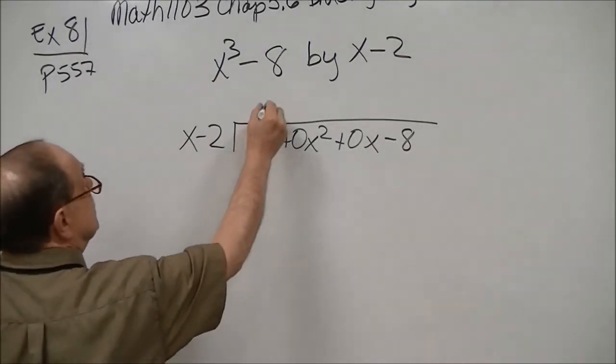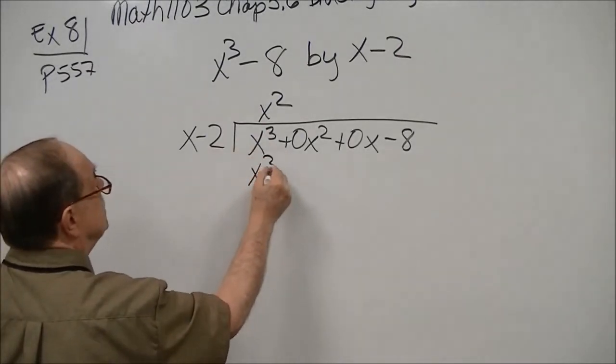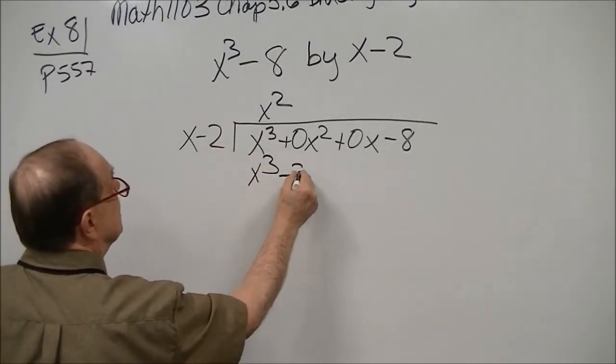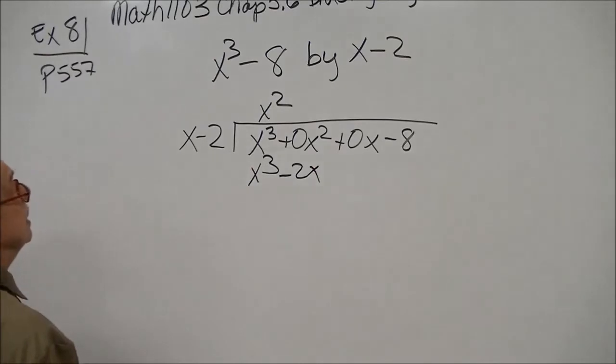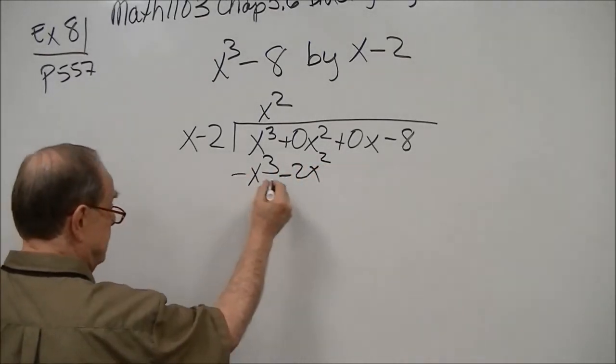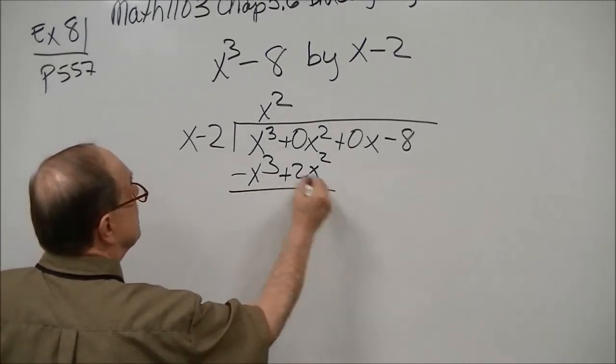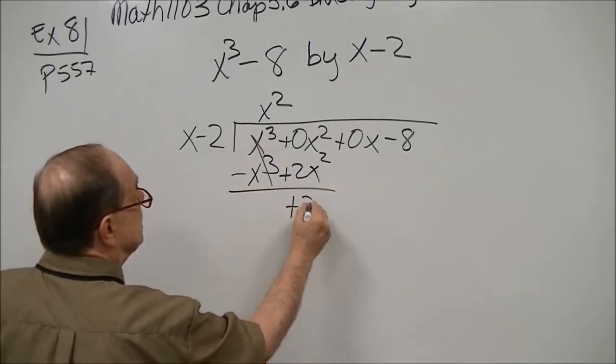And again, this will go x squared, x cubed, change signs. This cancels out.